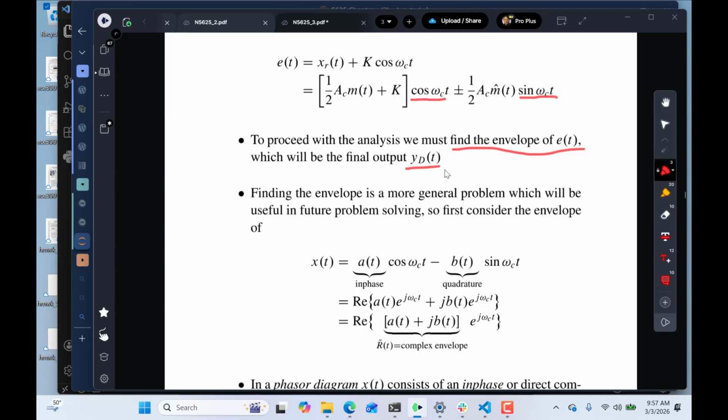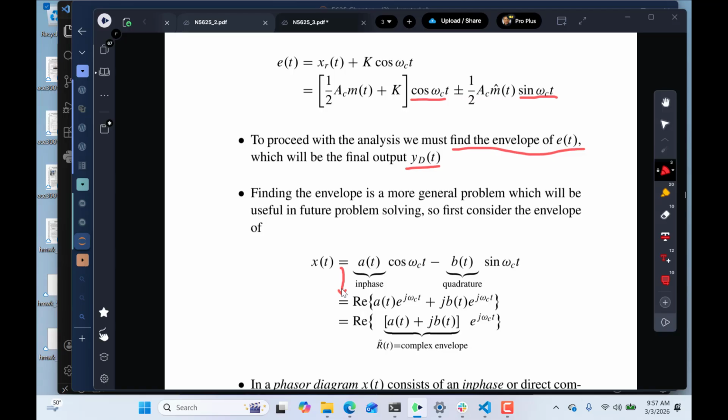This is just using Euler's identity and the properties of complex exponentials. So to go down to here just requires focusing on what we're doing. We're going to take the real part of something, and that'll get us back to where we started from. And so I'm sort of working in reverse here. I'm trying to synthesize the envelope by this expansion means.